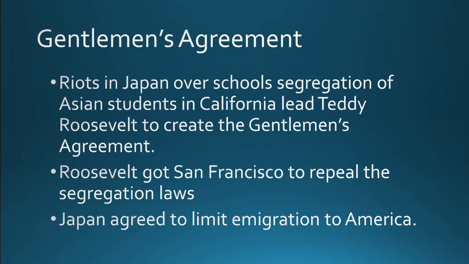Your students here, we'll make sure that the people of San Francisco and the school systems will stop treating your students so badly. But you agree, Japan, not to send any more immigrants over here to our country.